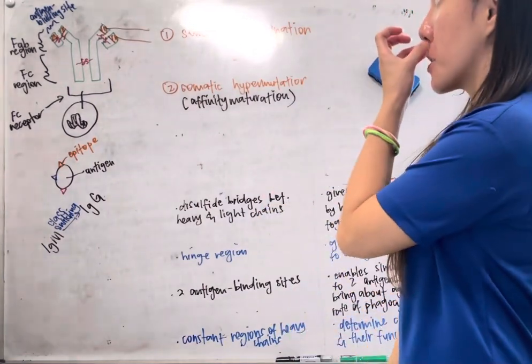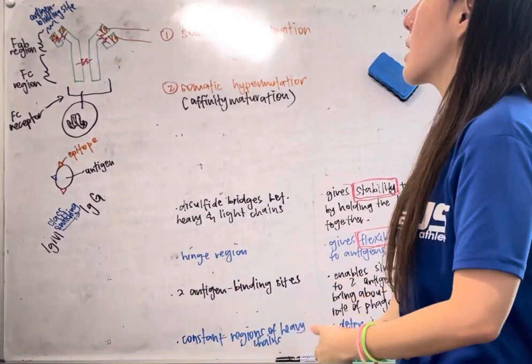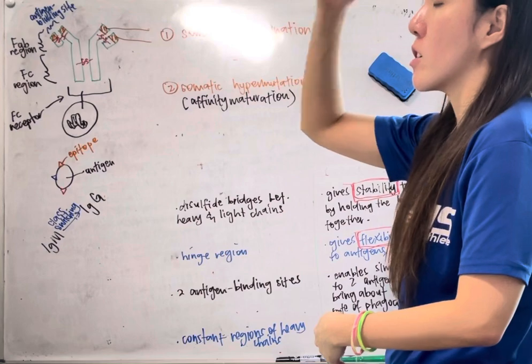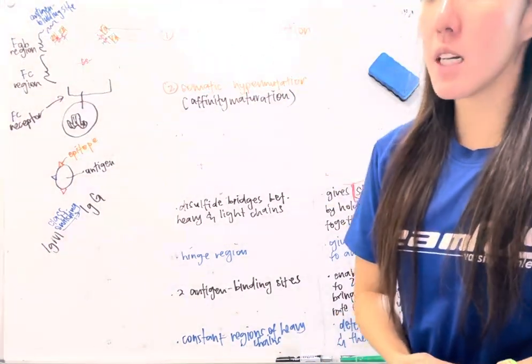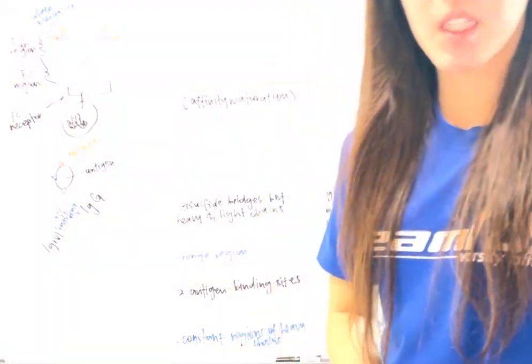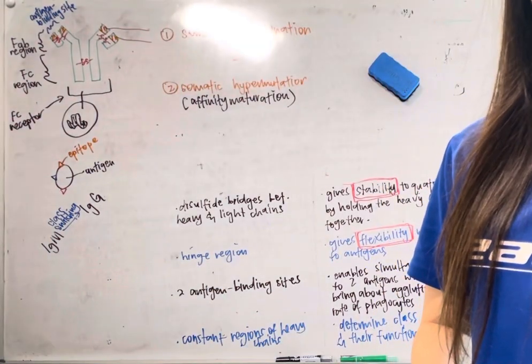The idea is that these are the two main mechanisms that help to increase the variation of antigen binding sites. But let's go through what is somatic recombination as well as somatic hypermutation.